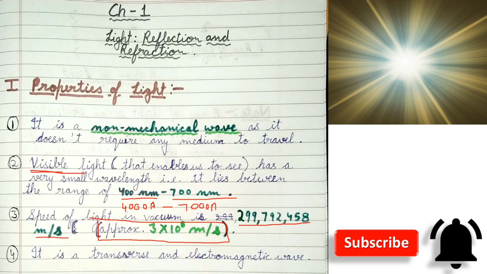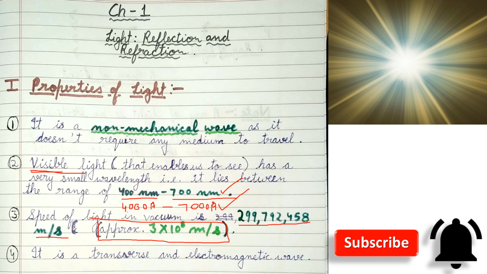This is the range of wavelength of visible light in angstrom, and this is in nanometers.